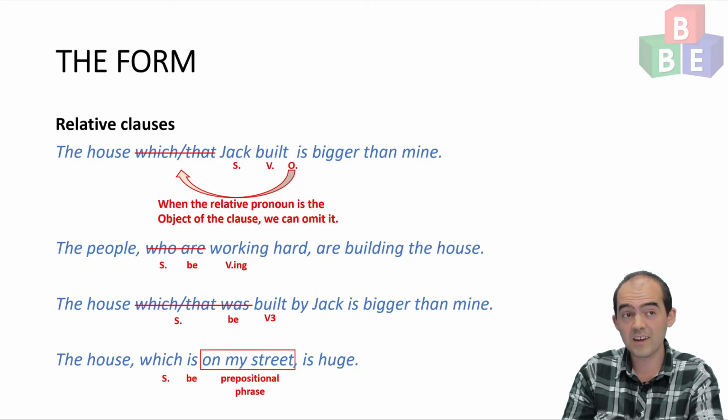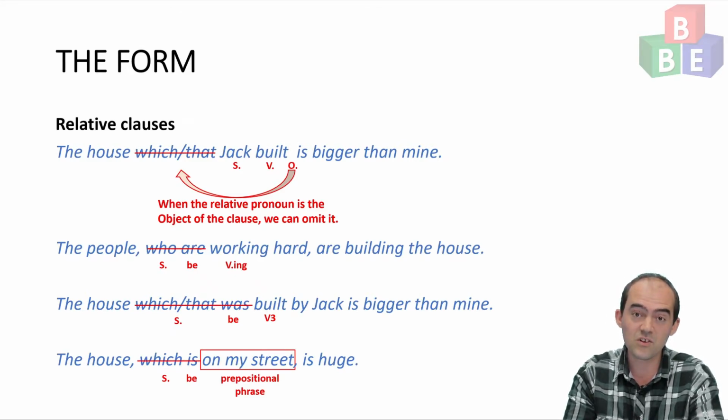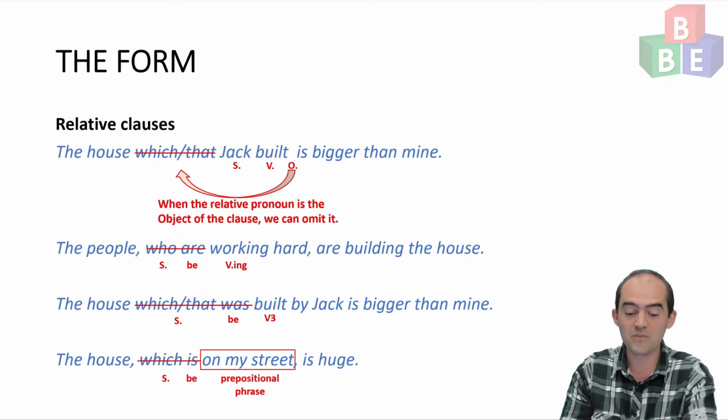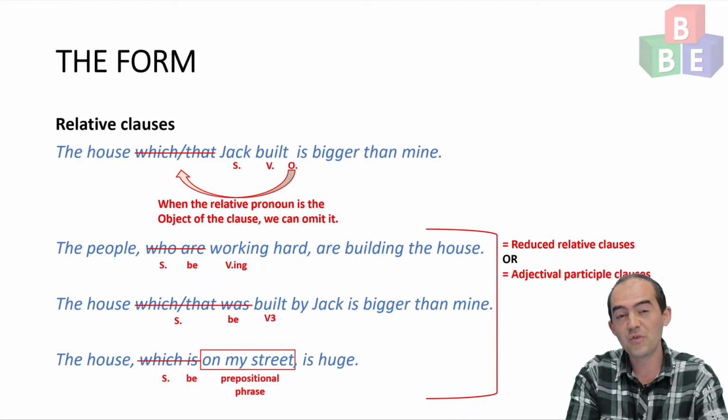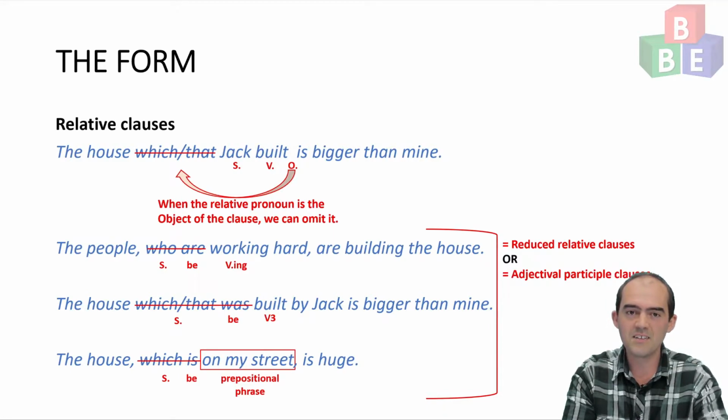However, once again, I can reduce it and remove the subject relative pronoun and the be to make the house on my street is huge. So, all of these are known as reduced relative clauses because I have reduced the relative clause. I've made it smaller. We can also call them adjectival participle clauses.